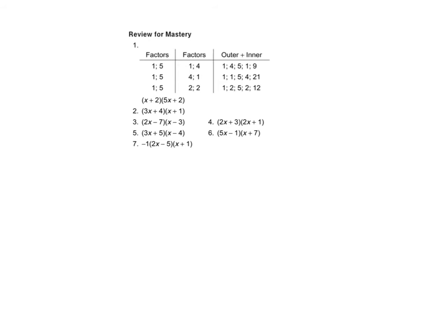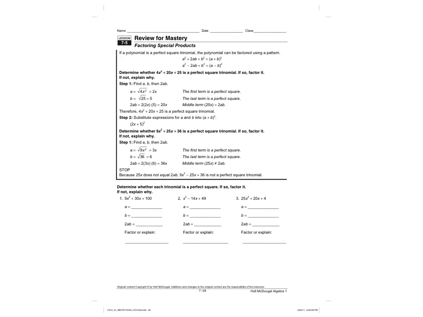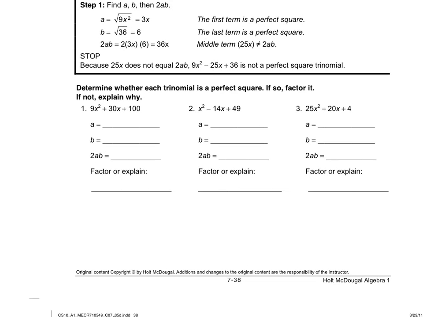Then from 7.5, this is where we saw the special cases. I will not ask you to tell me, is it a perfect square trinomial or is it the difference of two squares? I'm just going to tell you to factor it because it will be factorable. So for example, right here, number 1 is not a perfect square trinomial.